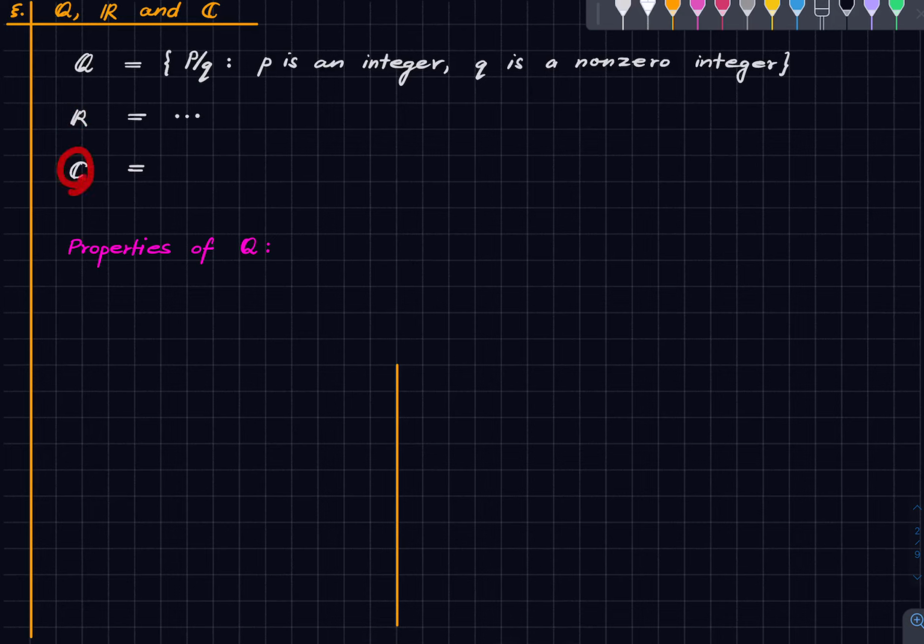And then we have the complex numbers. For this lecture series, it is enough to know that these look like a plus ib, where a and b are real numbers. Just what we learn about complex numbers in high school is what we will be assuming. That's all.